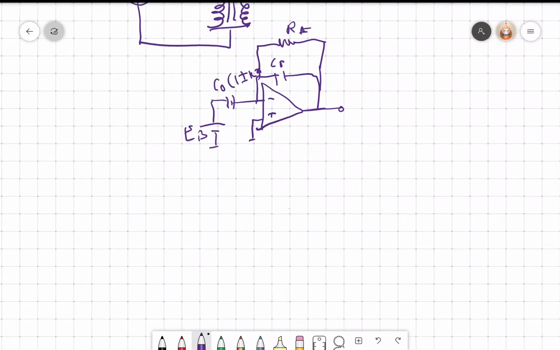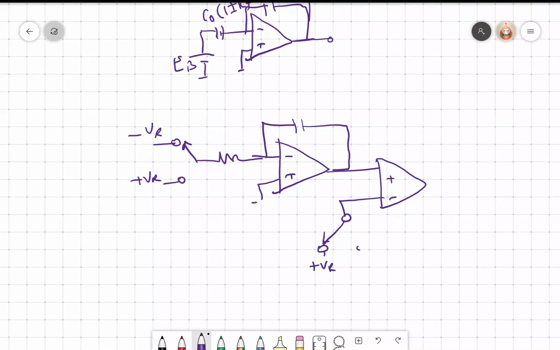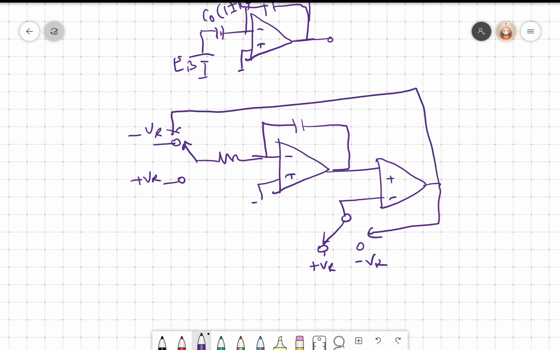Now if I have a circuit, right. This circuit is an oscillator, so it's called the relaxation oscillator.